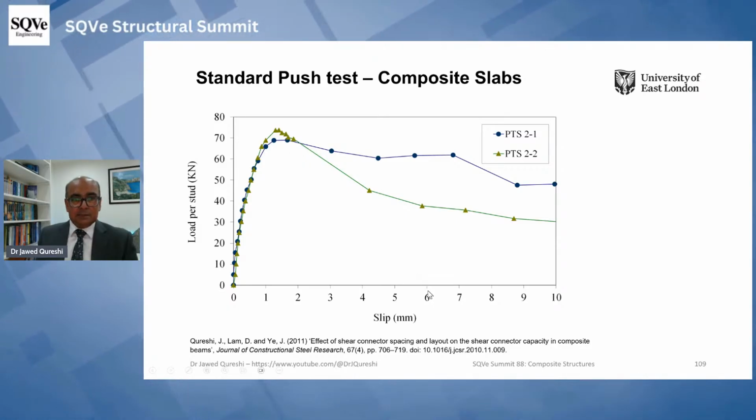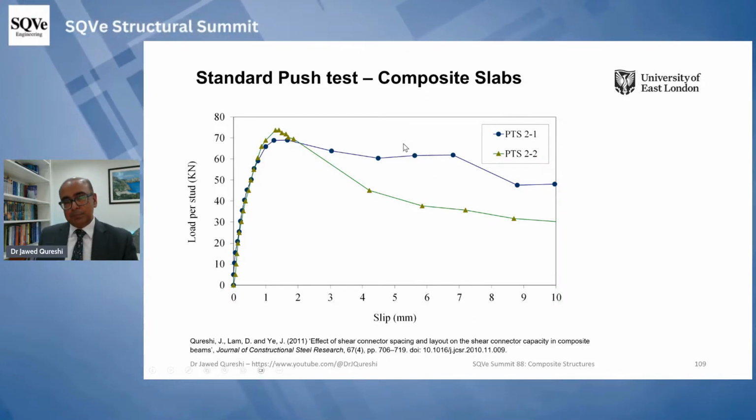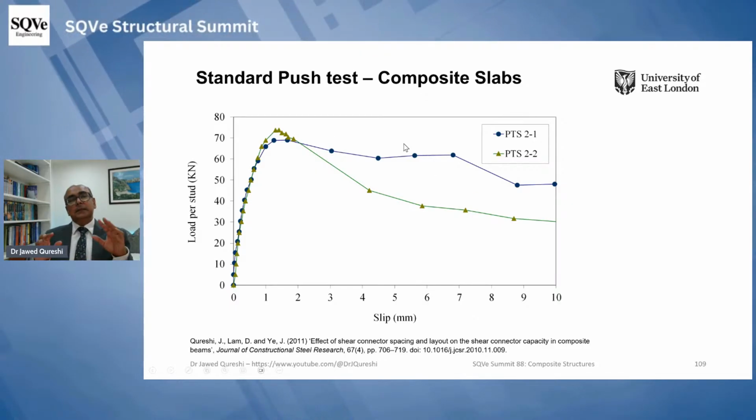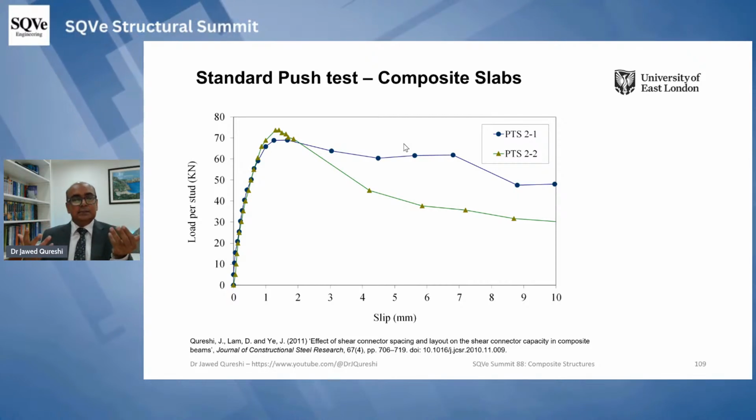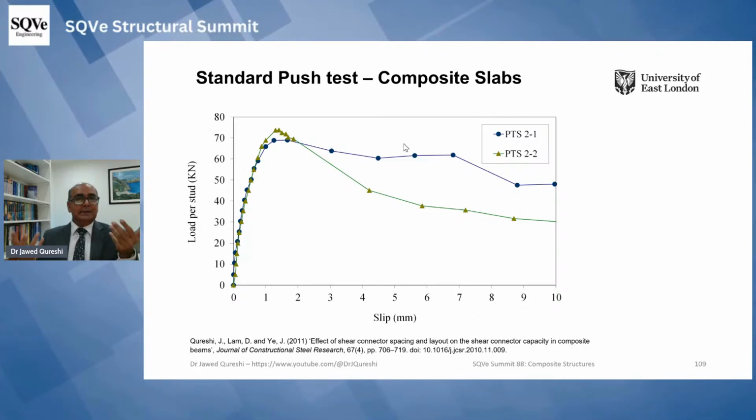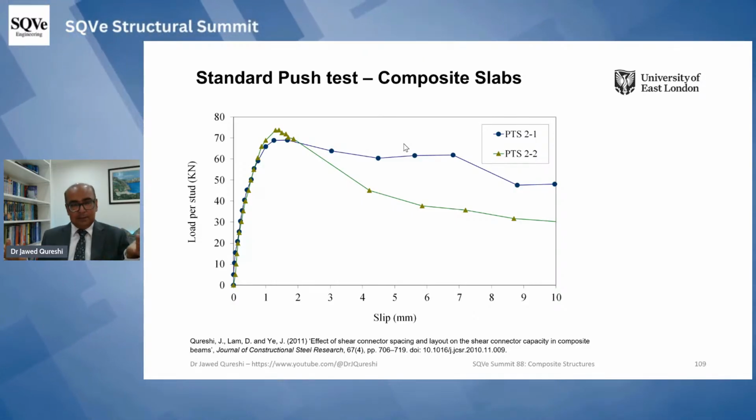Surprisingly, here you can see that at 6 millimeter slip, the load is dropping. In Eurocode, it's a requirement that the studs should at least have 6 millimeter slip. But in whatever testing is done across the world, America, Australia, everywhere, this 6 millimeter is not obtained.